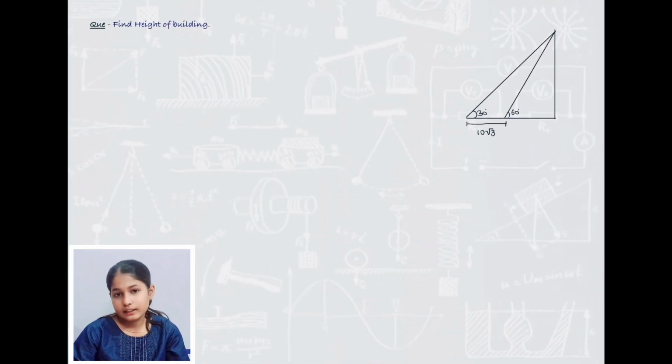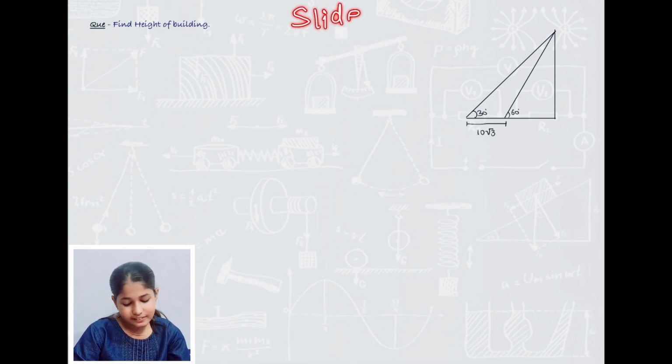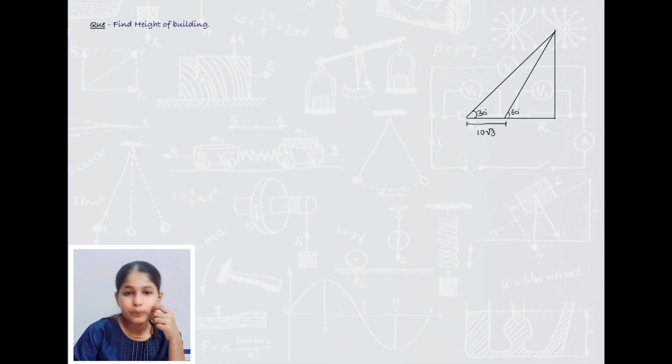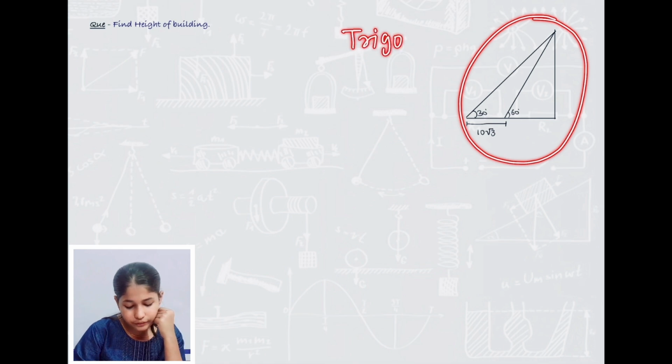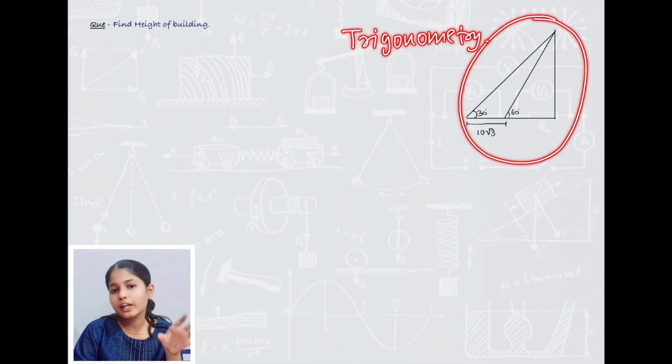Our next topic is to solve a question. Actually, this is not the next topic, this is the next slide. In our next slide, we are going to solve a question which is totally based upon trigonometry and your mathematics calculation.